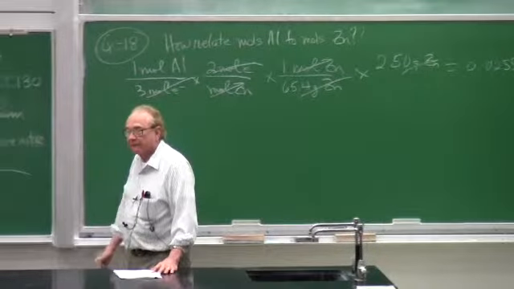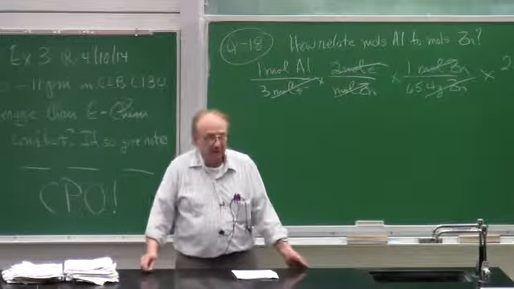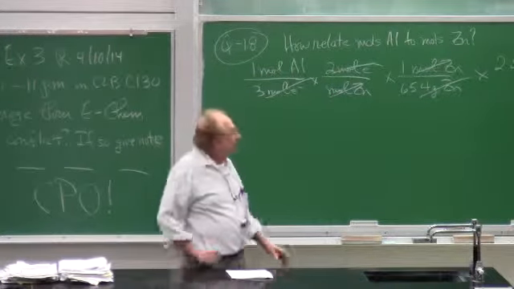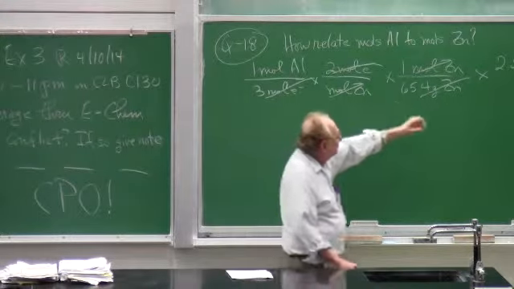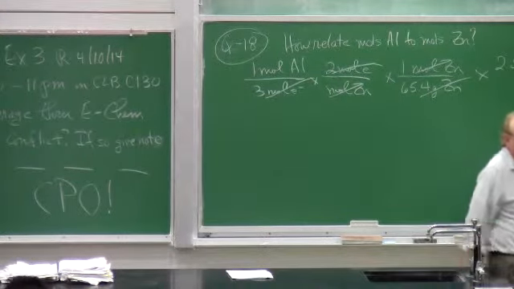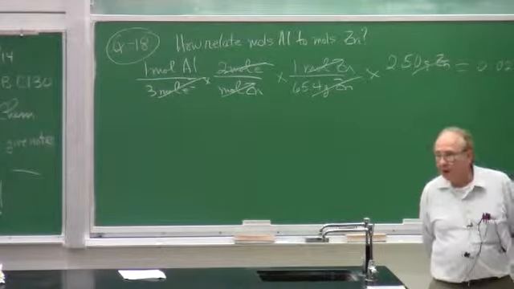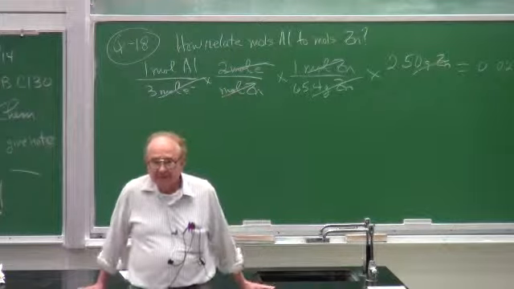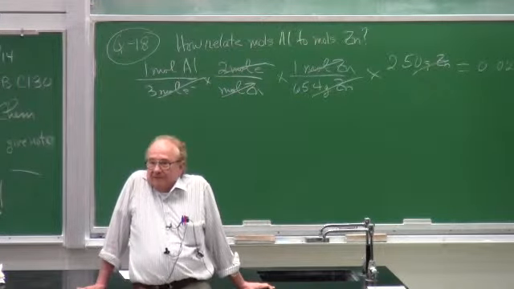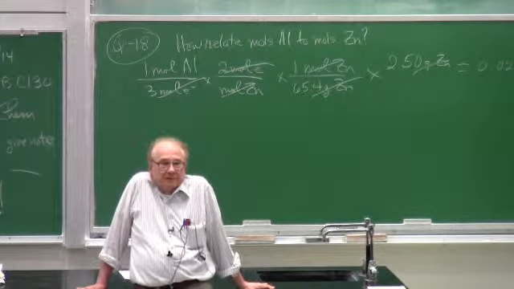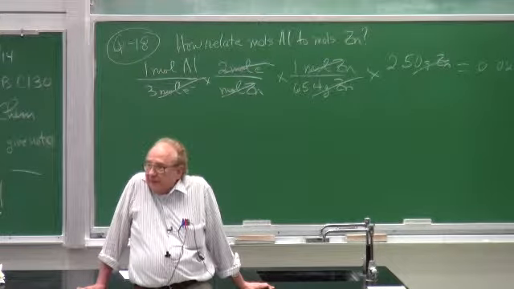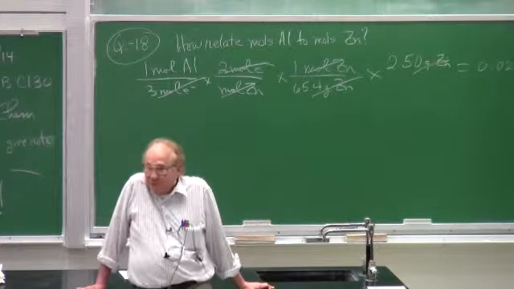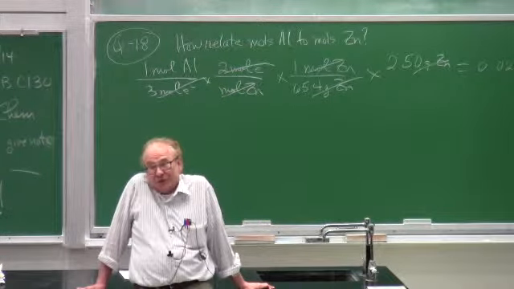Is this mole quantity of aluminum a greater mole quantity or a smaller mole quantity than moles of zinc in the 2.5 grams of zinc? This is smaller, isn't it? Why is that true? Did we not start by realizing that from a mole of aluminum I get 3 moles of electrons, but from a mole of zinc only 2?